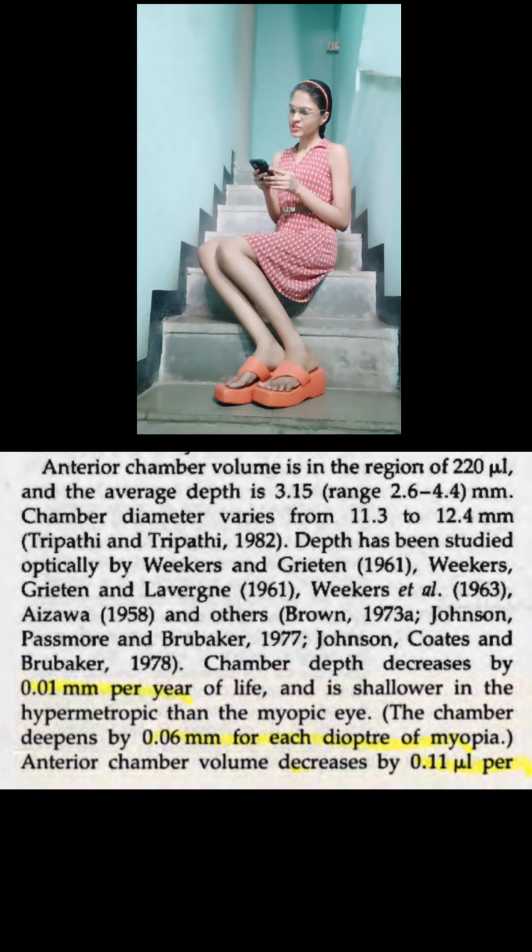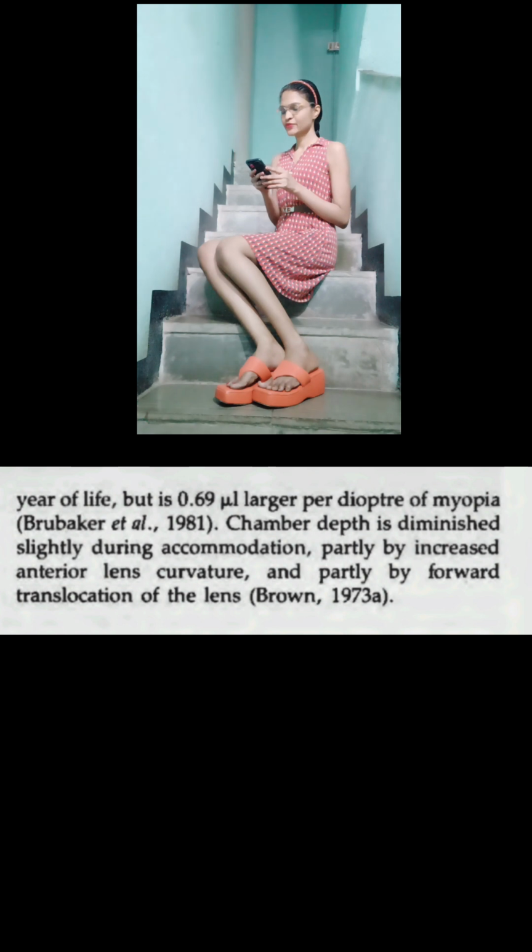Anterior chamber volume decreases by 0.11 microliter per year of life, but is 0.69 microliter larger per diopter of myopia. Chamber depth is diminished slightly during accommodation, partly by increased anterior lens curvature and partly by forward translocation of the lens.